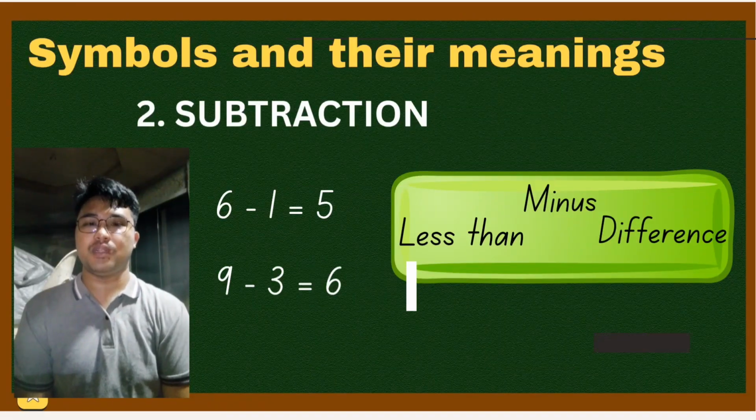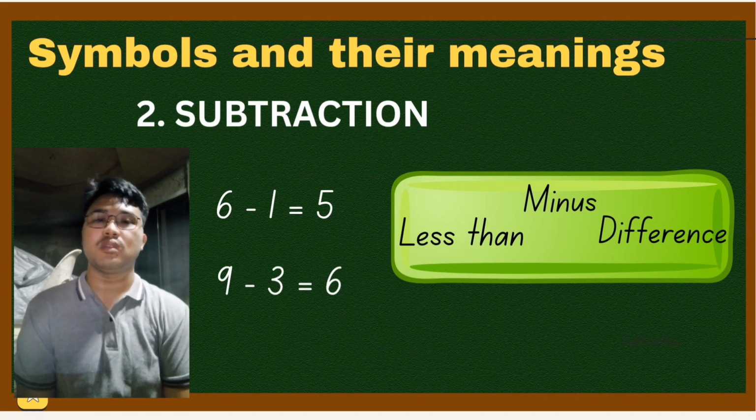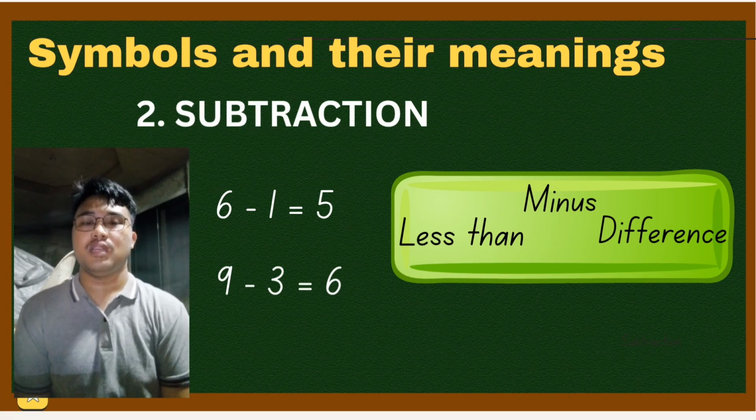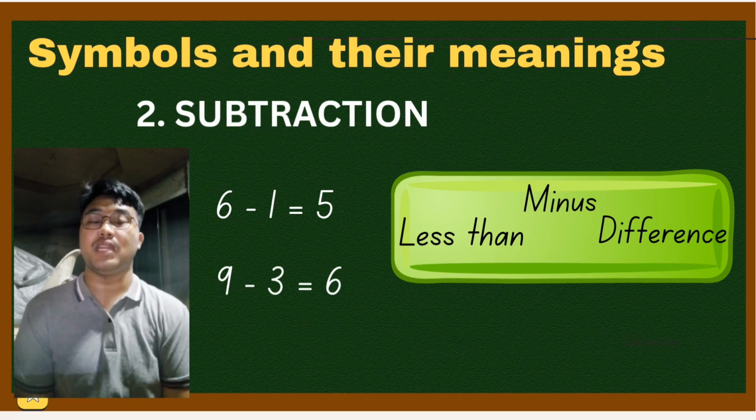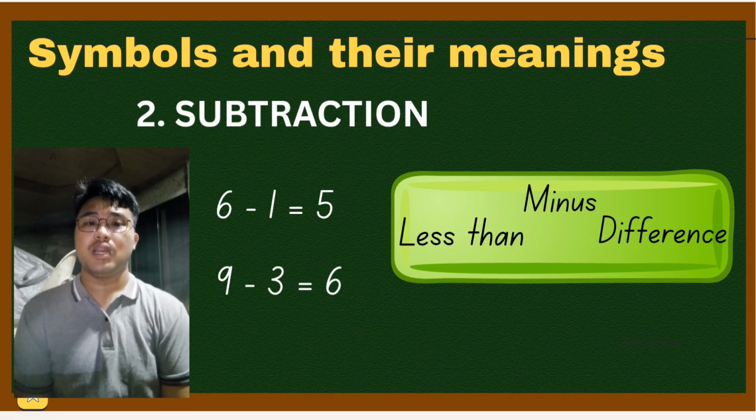So the second symbol is the subtraction. The subtraction symbol is used when we take away or remove a number from another number to find how many are left or the difference between them. So for example, 6 minus 1 is equals to 5.